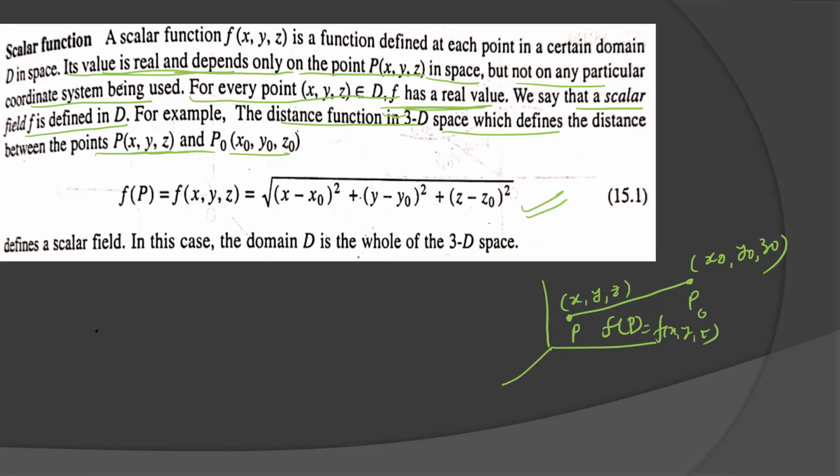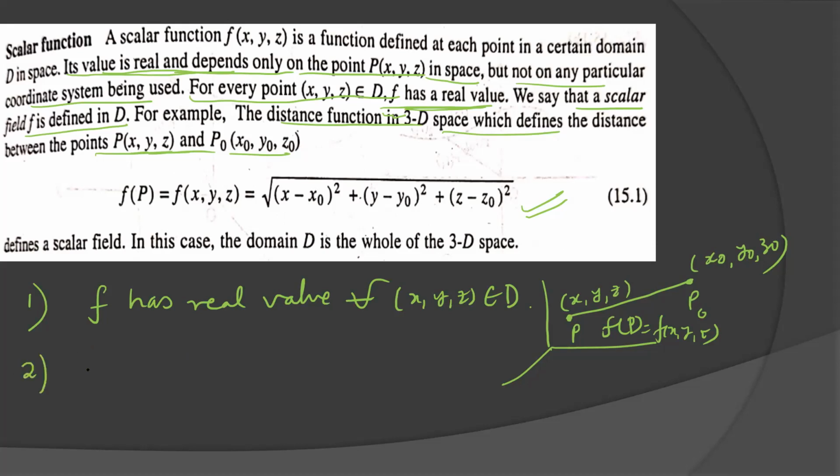What are the important or key points? First, f has a real value for every triplet in 3D belonging to domain D. This is the first and important point.